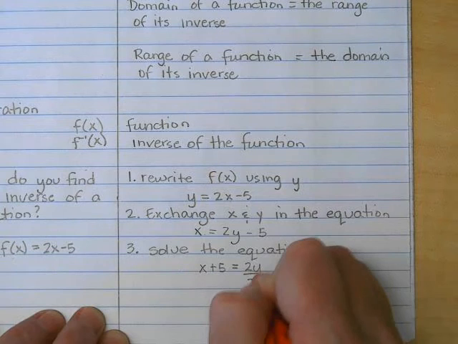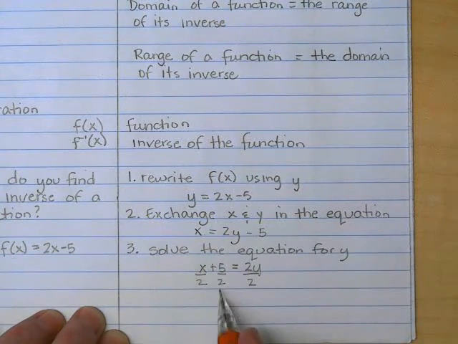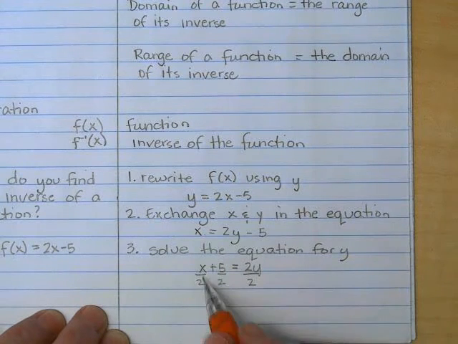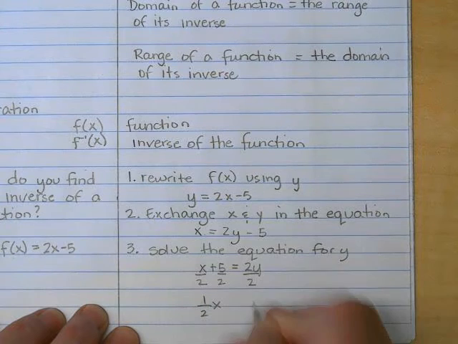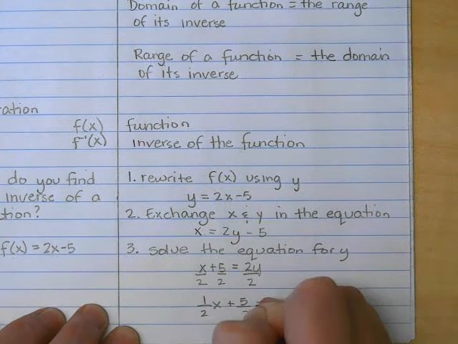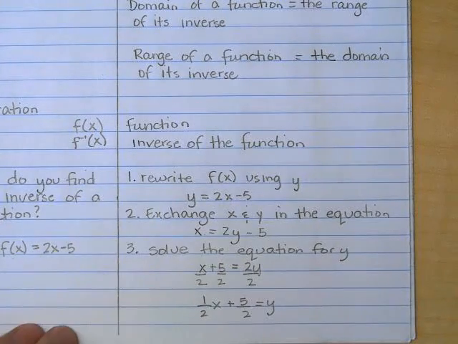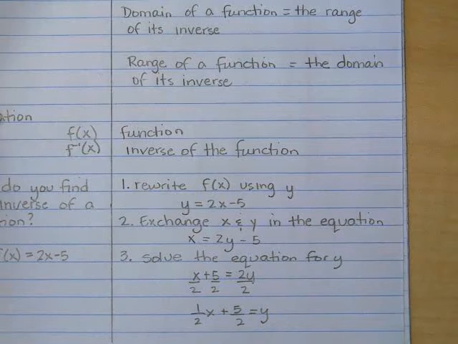Okay, I'm going to divide each thing by 2. Okay, so do each piece as opposed to one big piece. Now, x over 2, that's the same thing as 1/2 x plus 5/2 is equal to y. And I could put y over on the left if I wanted to.